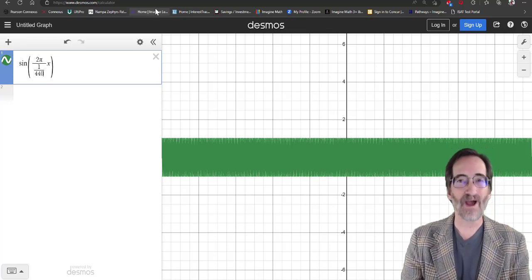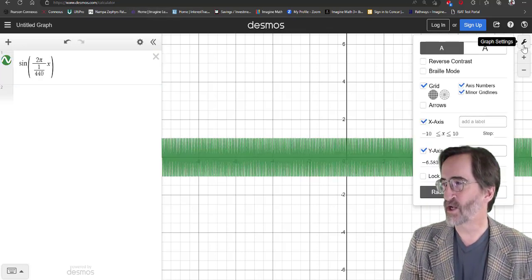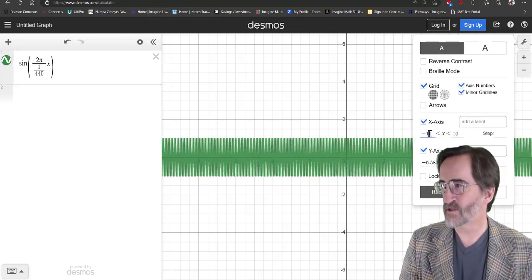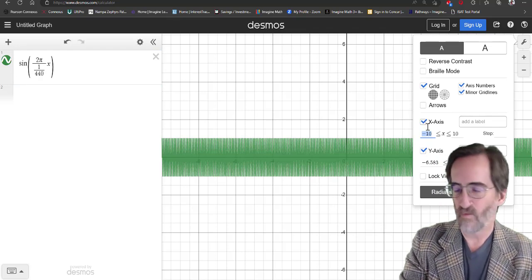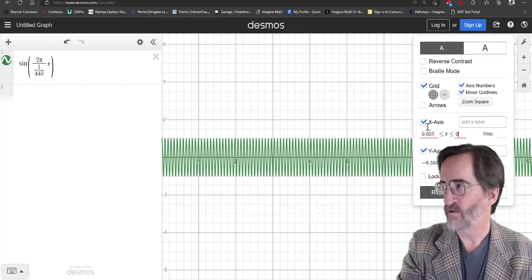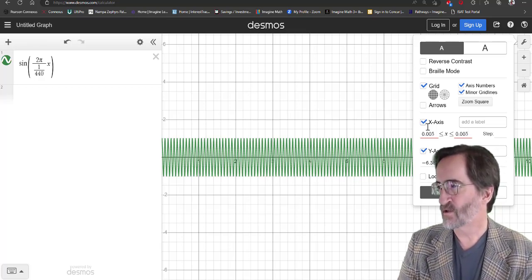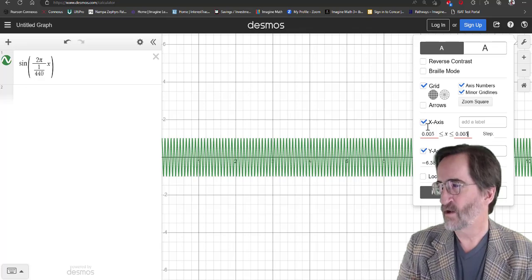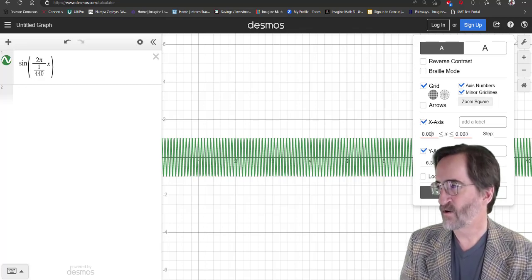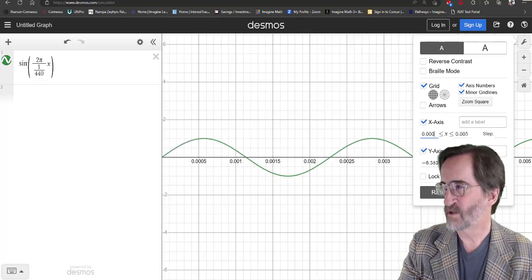Now it's very fast, so this particular scale is not going to work. So I'm going to change the scale on the x-axis to 5 thousandths, 0.05. Actually, that's not enough here. Let's try 10 thousandths. There. Well, that's too much.